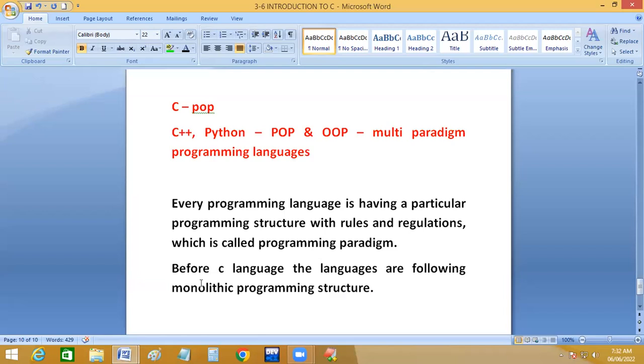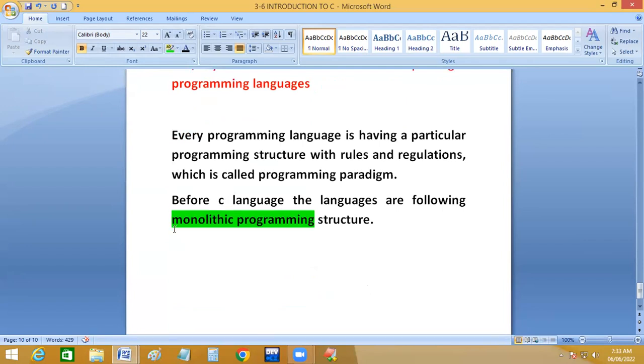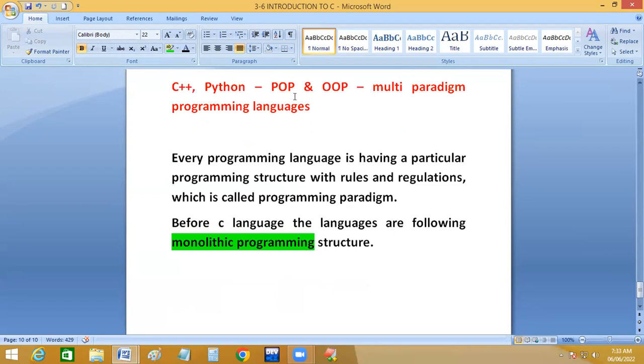That means they create the entire program as a single program. C comes with POP, but before POP we had monolithic programming. What is the monolithic programming concept? First I want to explain what monolithic is. Later we will go to what POP technology is.